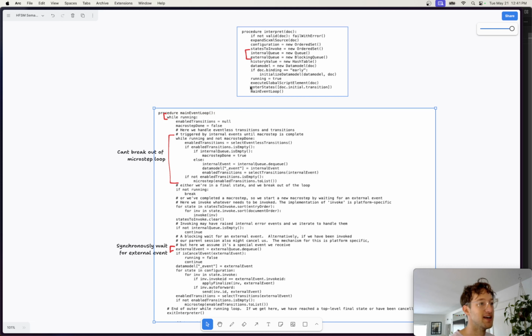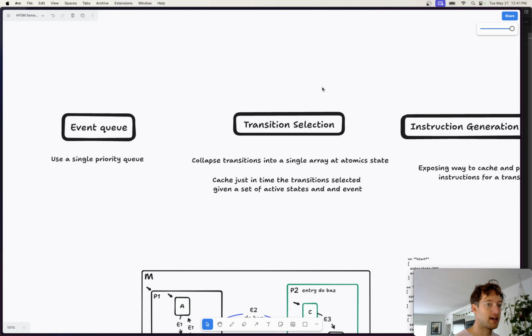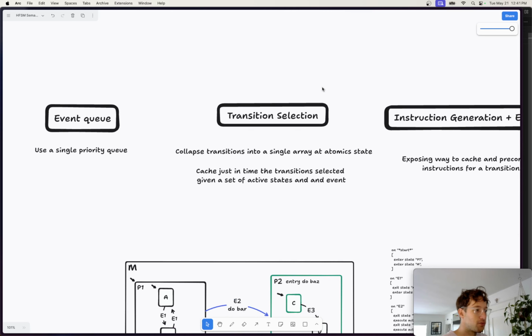You can see that we enter the states based on the initial transition of the document, and that triggers a whole cascade of things. But what's important here is there's these implicit events that are defined in this particular implementation, and they're not normalized as events. So what we came up with, and that has worked quite good, is our Statechart engine has a single priority queue.